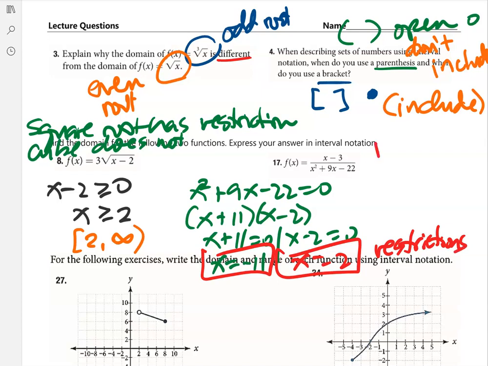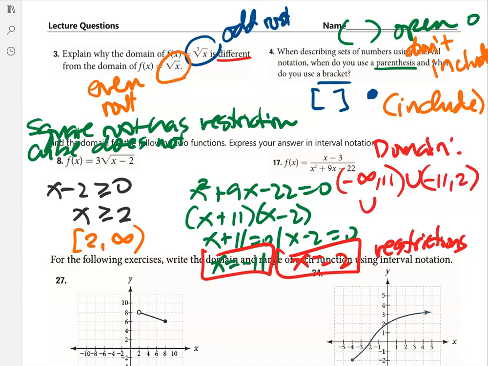So the domain, I'm going to write it here, from negative infinity to negative 11, union, since you have 2, from negative 11 to 2, another union from 2 to positive infinity.